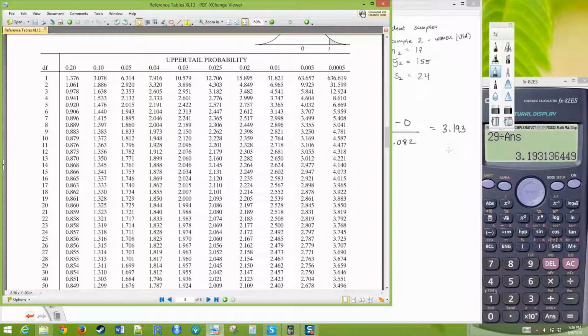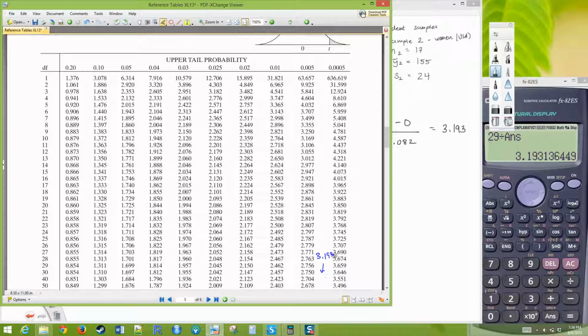In this row for 30 degrees of freedom, 3.193 fits in between the column that says 2.75 and 3.646.